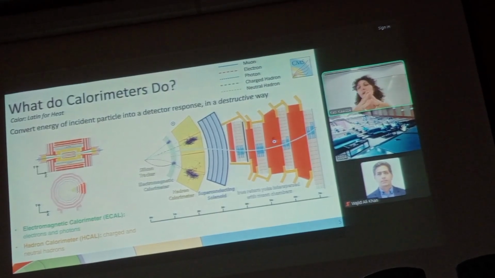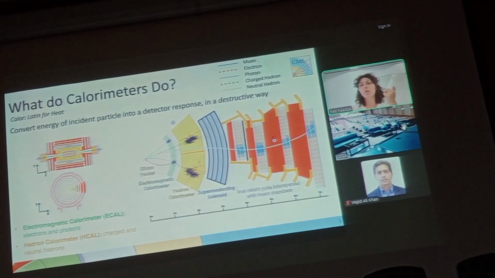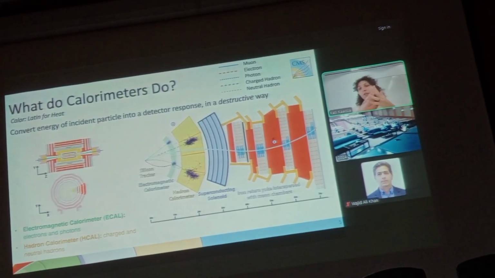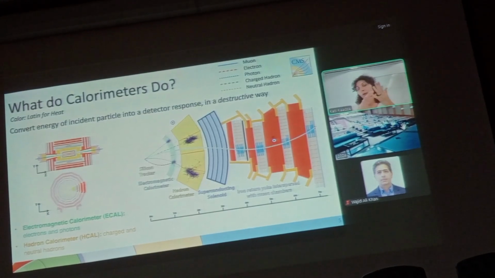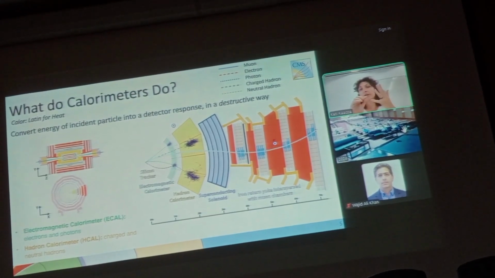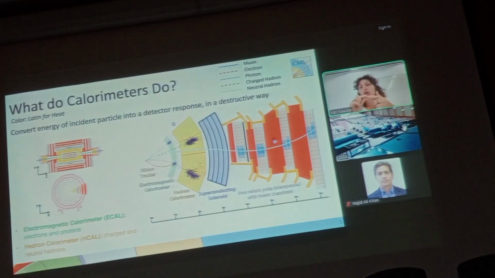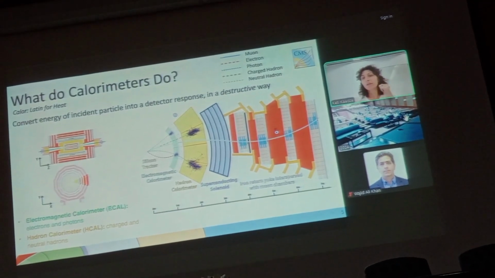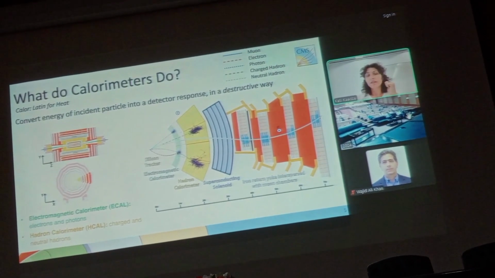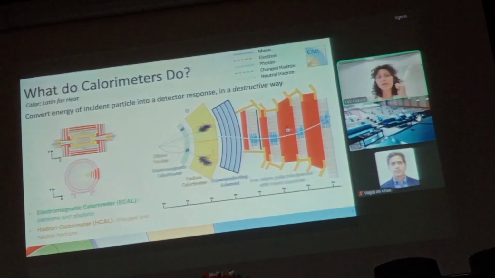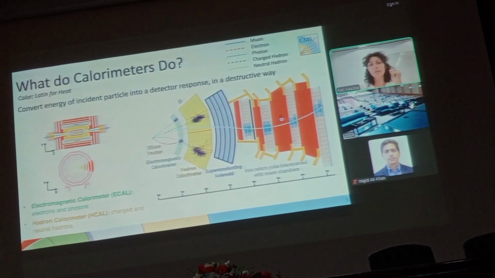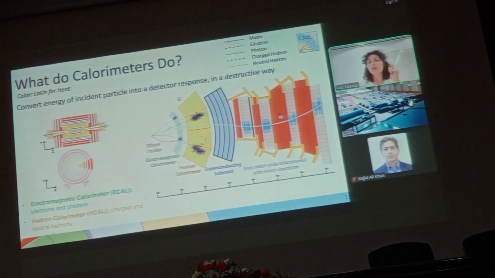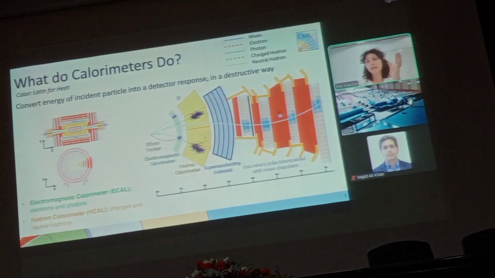So what are those types of particles? These are listed in the top corner of the slide. Basically, we can group them into 5 types of particles. So whatever we identify in the detector is muon, electron, photon, charged hadron, and neutral hadron. Okay, and the detector is built in order to be sensitive to each of these types of particles sequentially. So, first we have the tracker, which I think you already heard some lectures about, or are going to hear more, which is to identify tracks of charged particles.